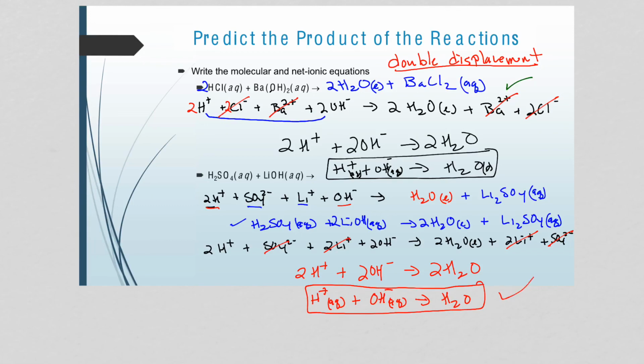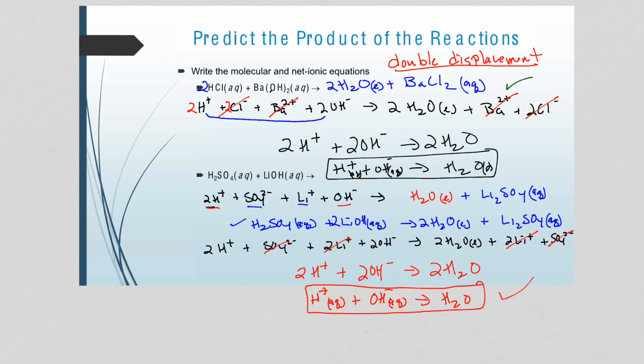Now, what I want to point out here is, notice we've done 2 examples of acid-base neutralization reactions, and we've written the net ionic equations, and they're identical. And this is what you'll find, that every acid-base neutralization has the same net ionic equation as long as the salt that is formed is soluble.